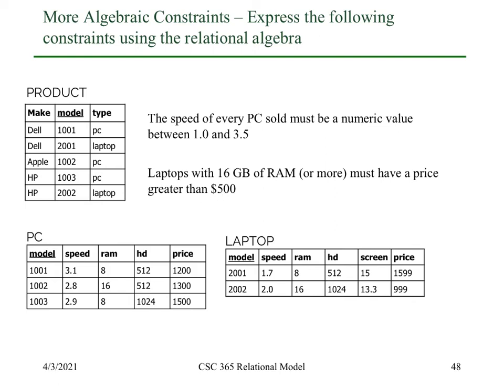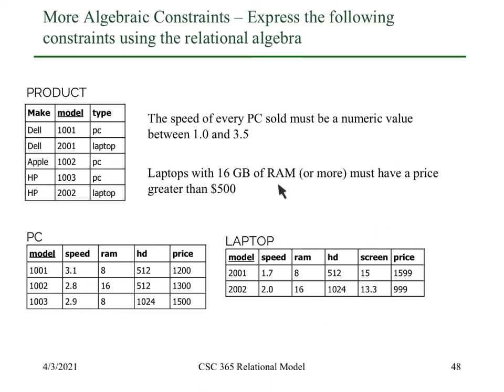So let's look at the first one here. We can look down in the PC table and we can see that we've got speed expressed. And so as you've been practicing, you know that you can now do a selection on here and check to see which of these things satisfy that.